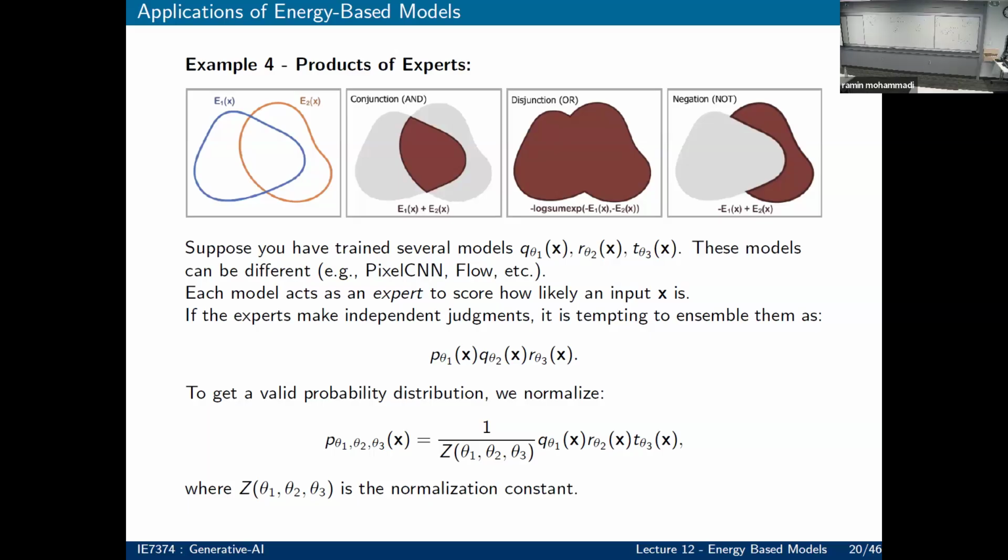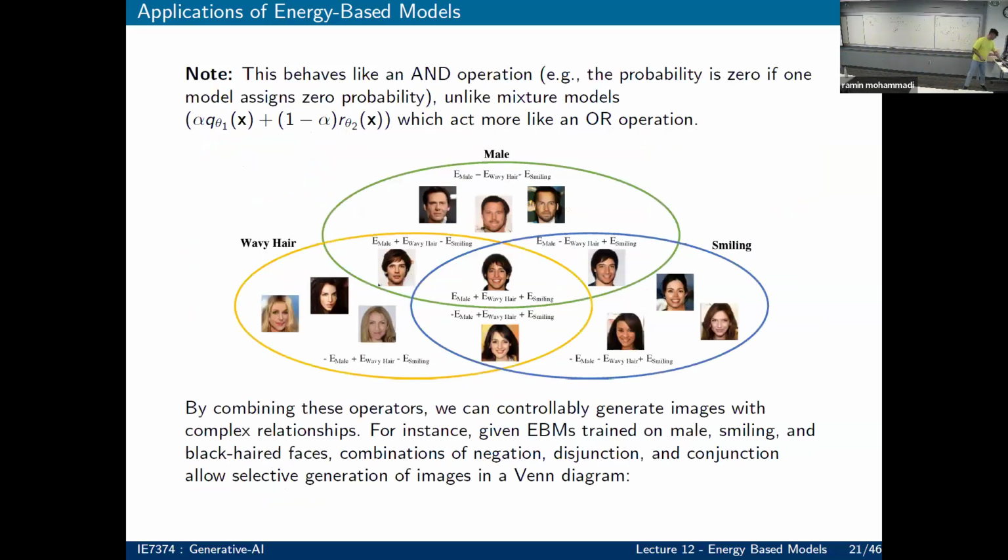Each one gives you some probability: how probable is this data? You multiply the probabilities together. The problem is that because they're coming from different models, there's no guarantee that they sum to 1. So you need to normalize it, by a term which is the normalization across all three models. That becomes the mixture of the models.